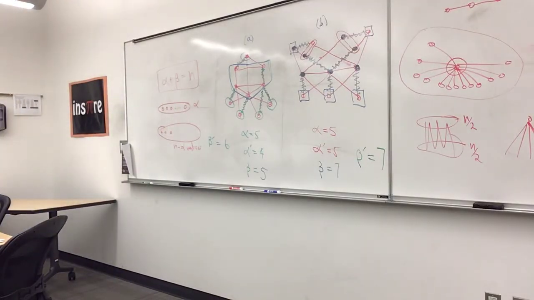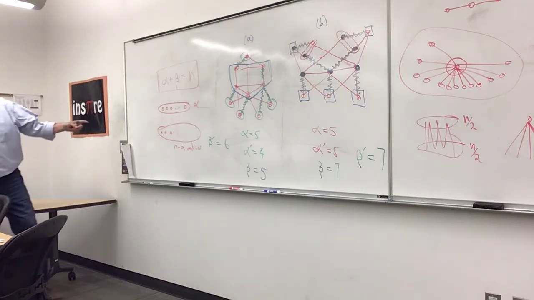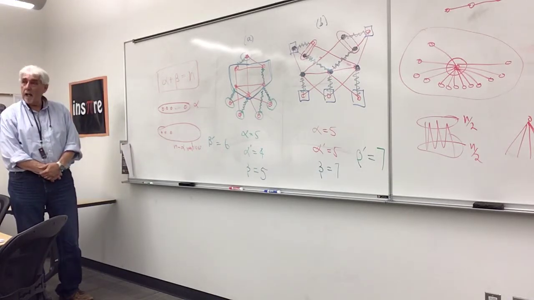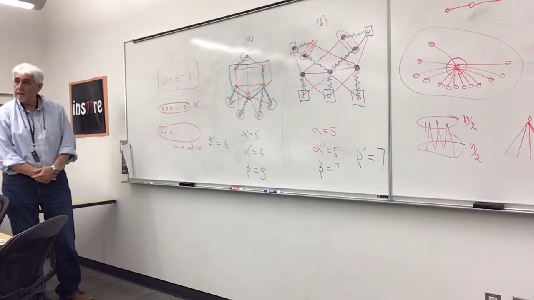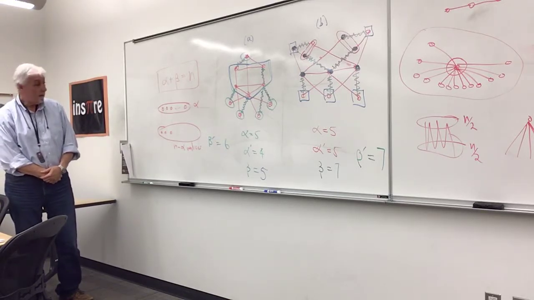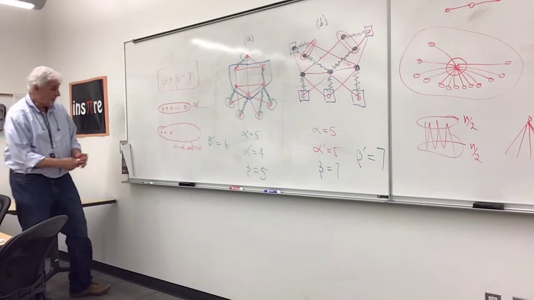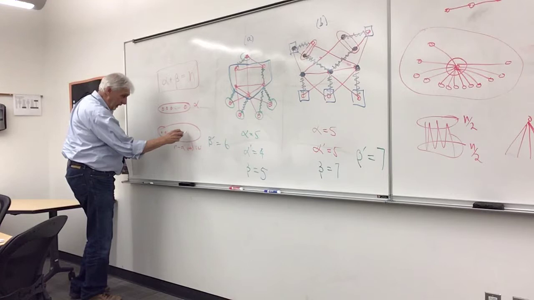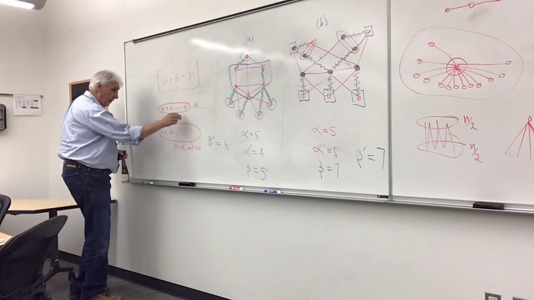What can you tell me? Is n minus alpha an edge cover? Are there any edges that aren't covered by these n minus alpha vertices? No. Okay, so all the edges either are in here or over here.